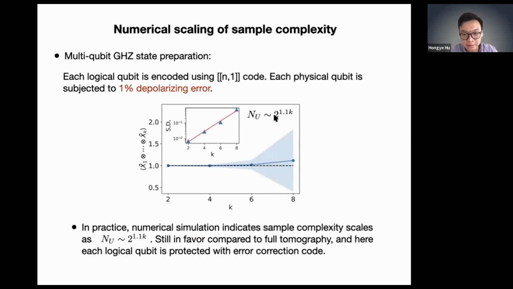In practice, it scales as 2 to the 1.1K, where K is the number of logical qubits. So here, the scaling is still in favor of full quantum state tomography, and we want to emphasize that each of the logical qubits is also encoded with 5 physical qubits. So it's a much larger system. With this test, we see that practically the sample complexity agrees with our understanding.